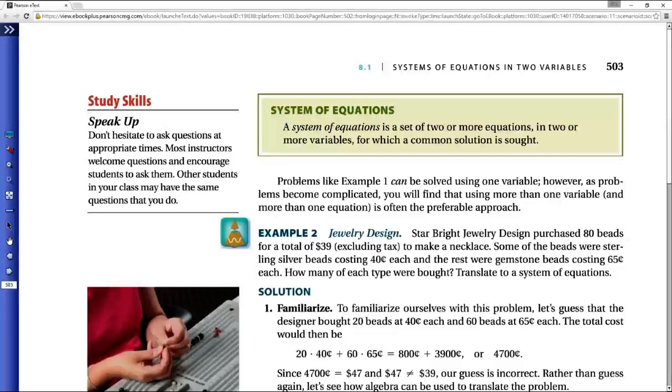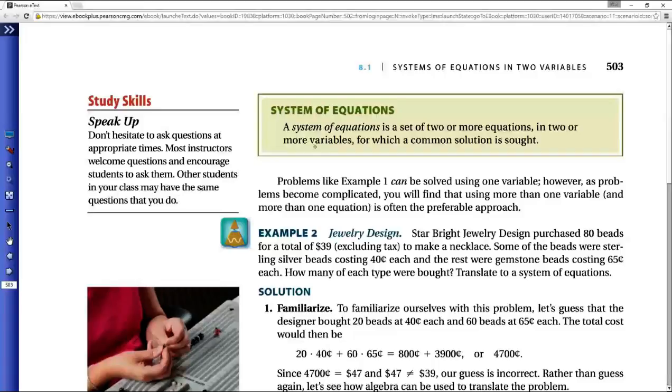Where before, if I just had two variables in one equation, if it's linear, I have an infinity of solutions. But they really want to get specific here: we want to know what it is for this specific example. So they don't even solve that example, but they're showing how to translate that into equations, which should be a review.